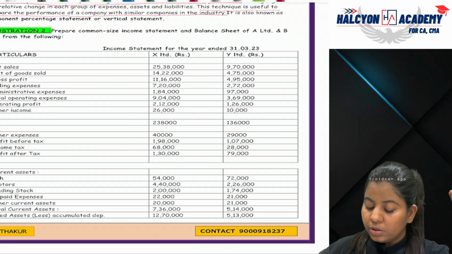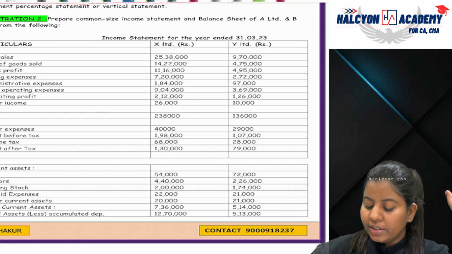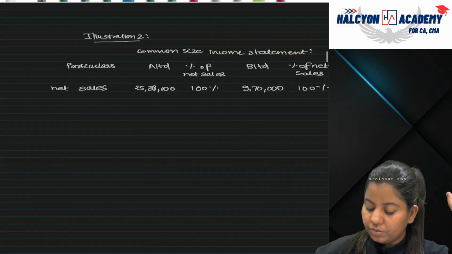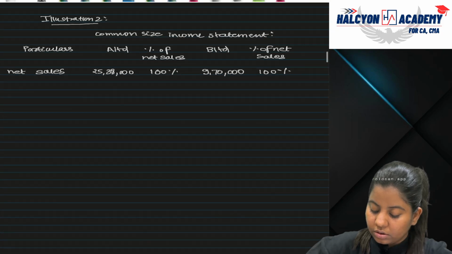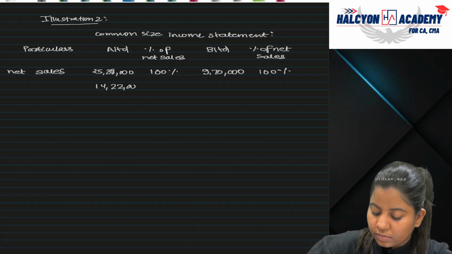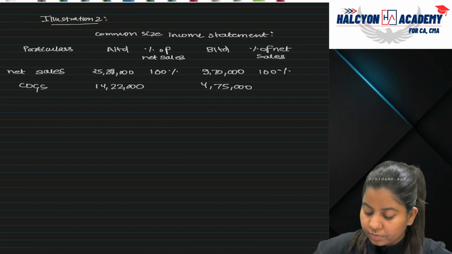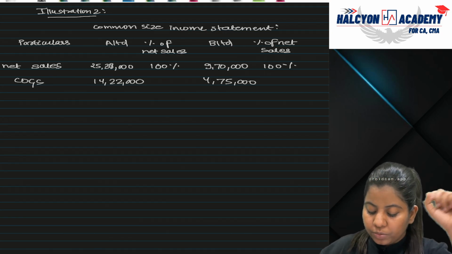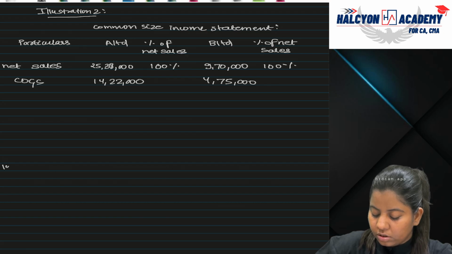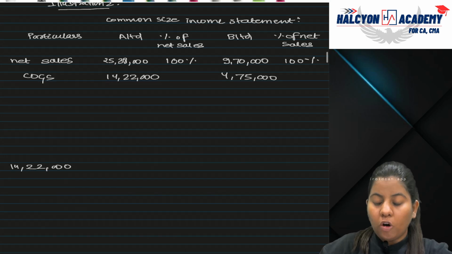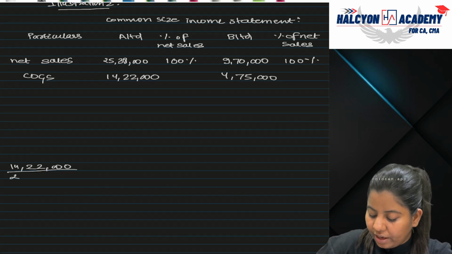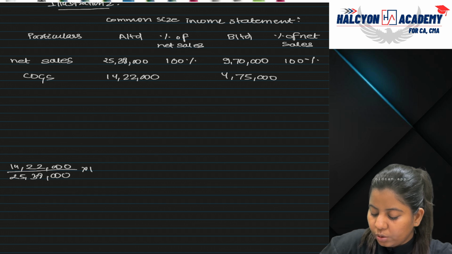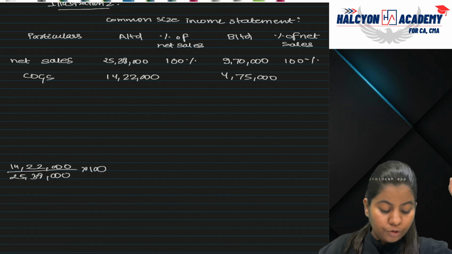Then the next thing is cost of goods sold. It is 14,22,000 and 4,75,000. So we have to find out the percentage. For cost of goods sold for A Limited, take the amount of cost divided by the base, which is 25,38,000, into 100. So what will be the answer?